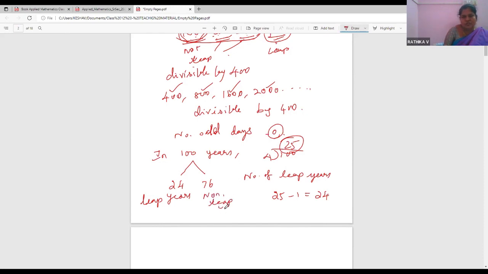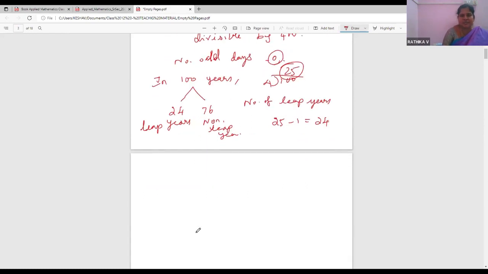In a leap year, we already saw that there are 2 odd days. So 1 leap year has 2 odd days. Then 24 leap years, how many odd days? 24 into 2 is 48.